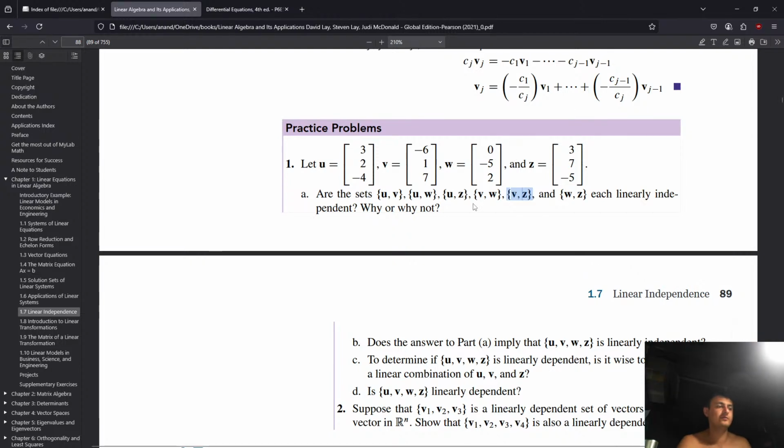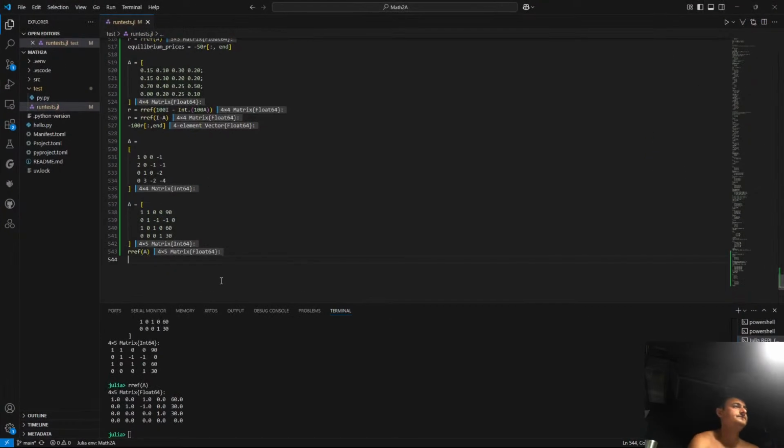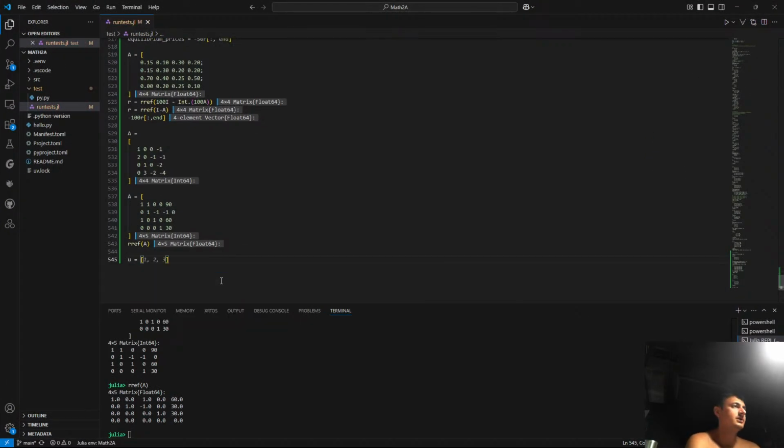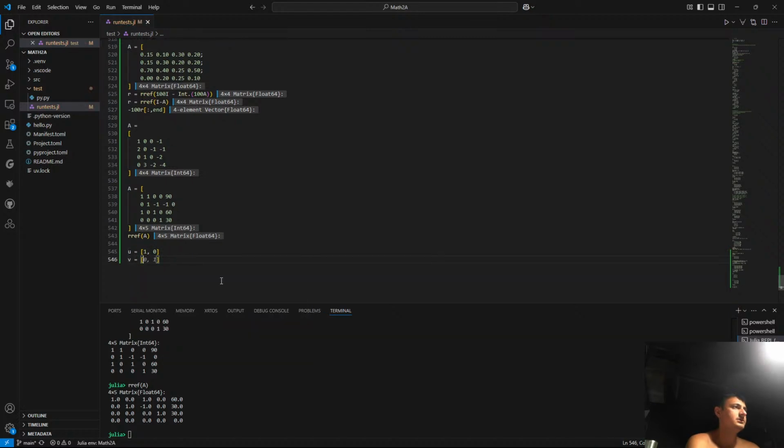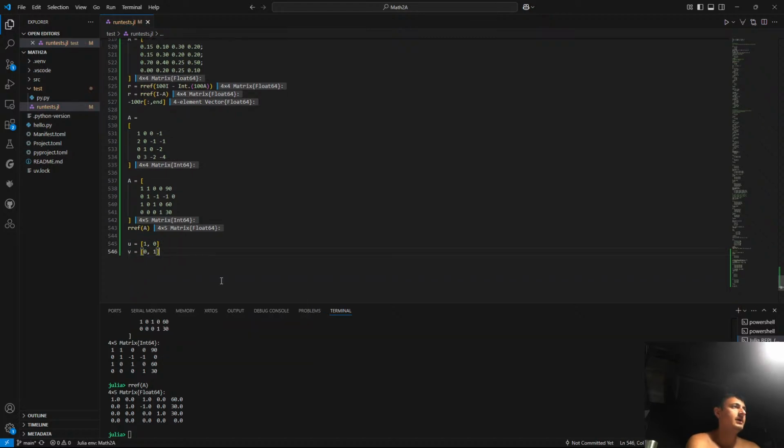Okay, so just because each of these is pairwise obviously linearly independent, it's not the case that the combination is, because check this out. If we had U equal to 1, 0, V equal to 0, 1, and W equal to 1, 1.